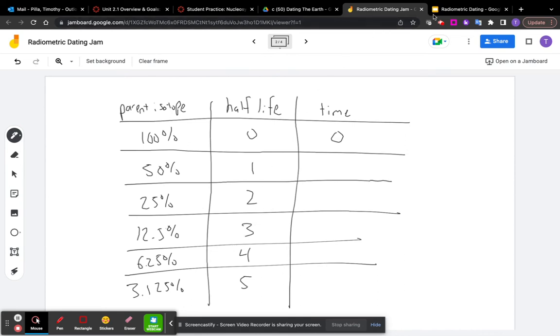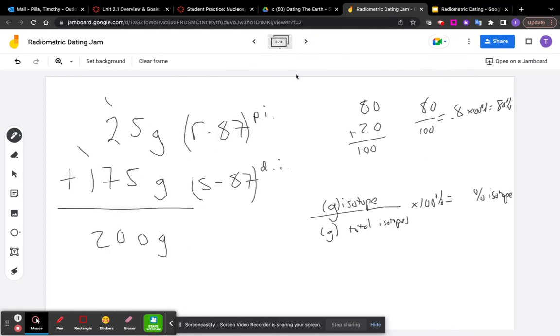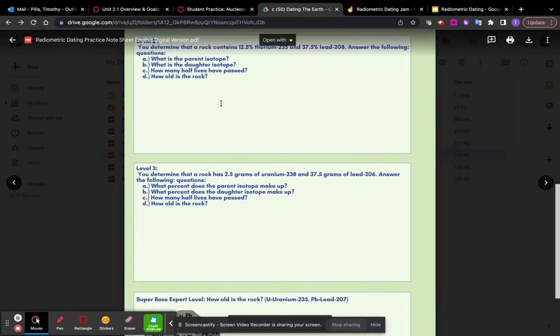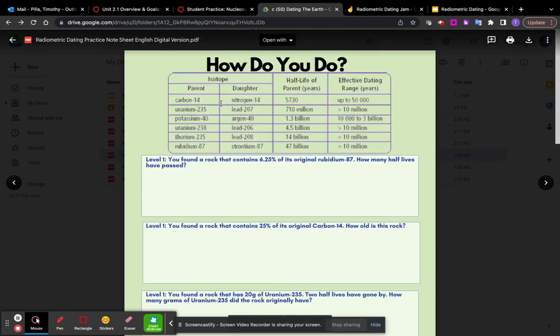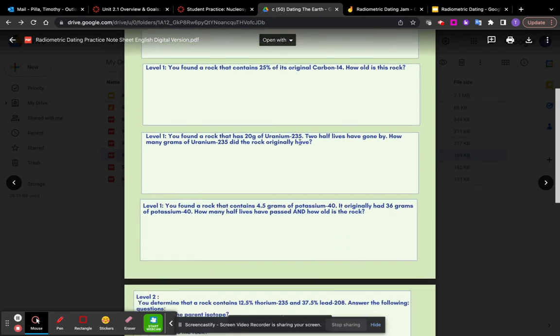How long has that been? We're just going to use simple math. We know 3 half-lives have passed, and we know how long 1 half-life is. 1 half-life is 47 billion years.